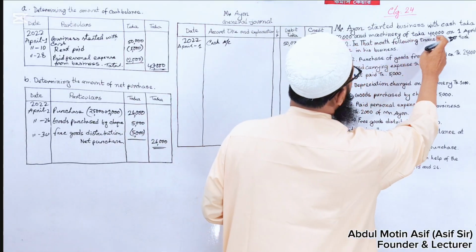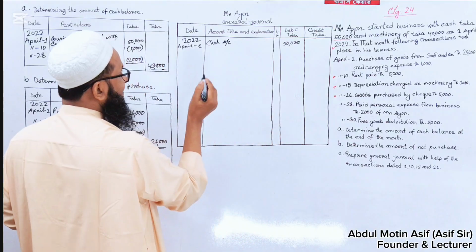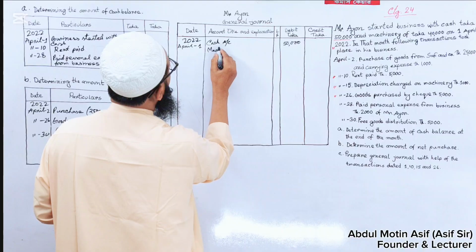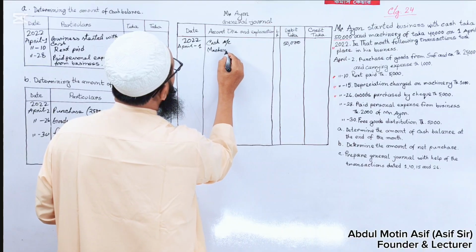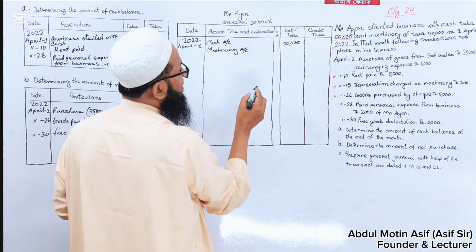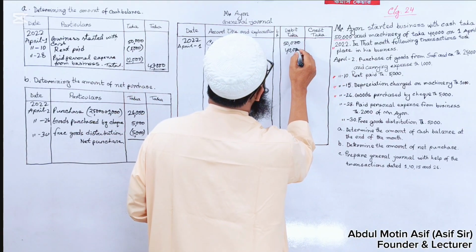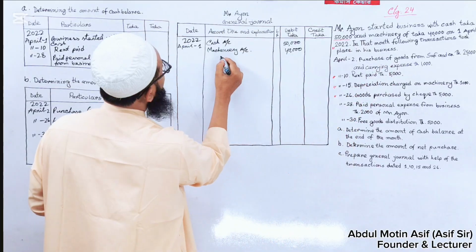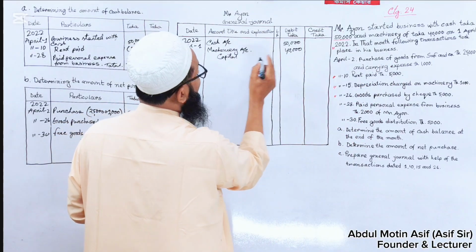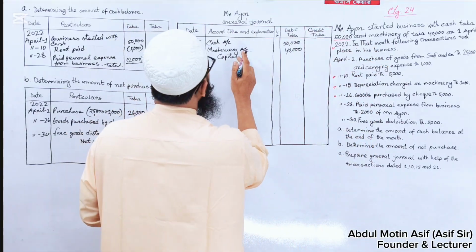Then machinery of taka 40,000. Machinery also increases our asset. For that, machinery account debit taka 40,000. Then capital account credit. Dear students, the owner gave that cash and machinery as capital.